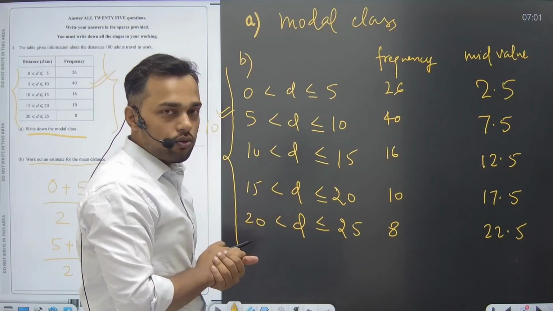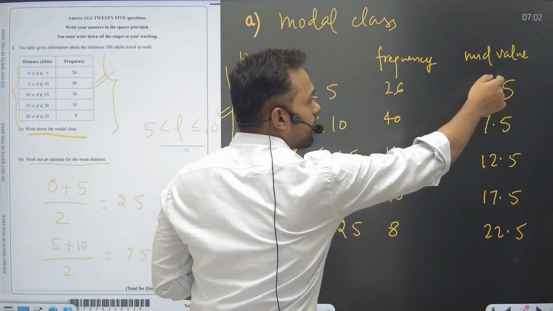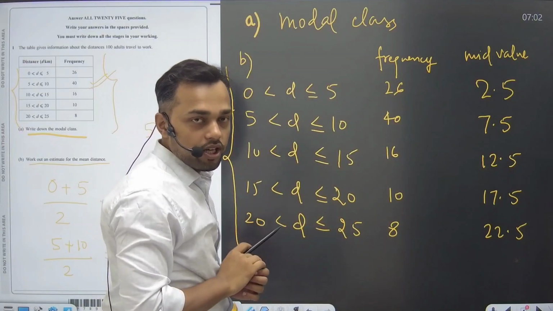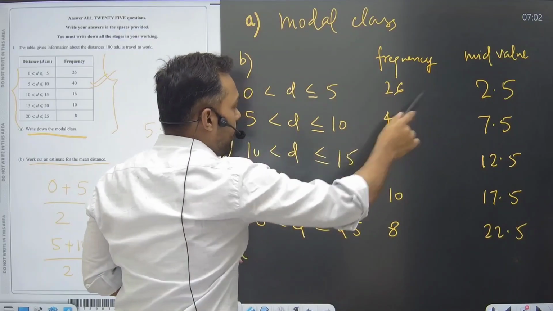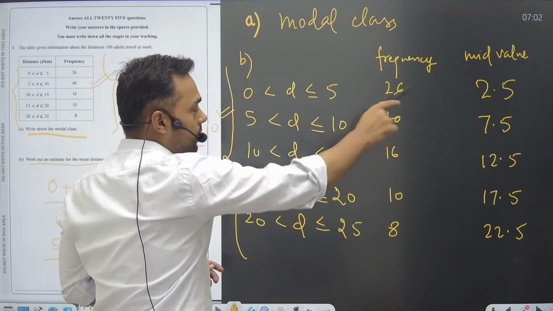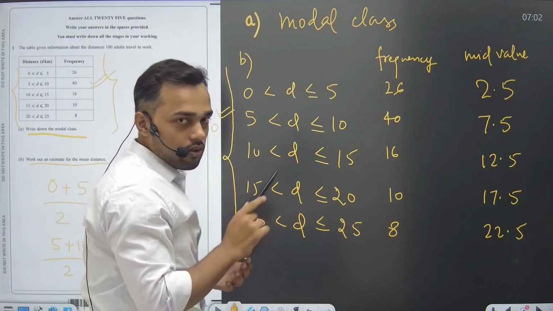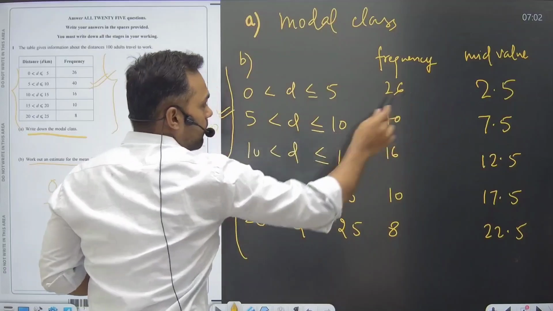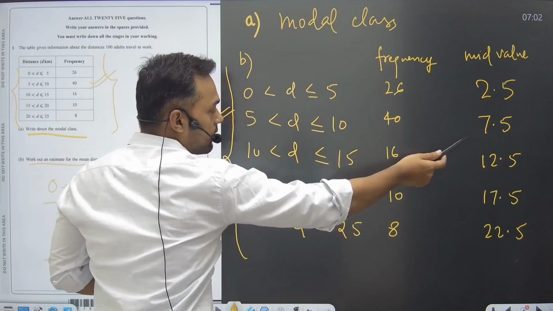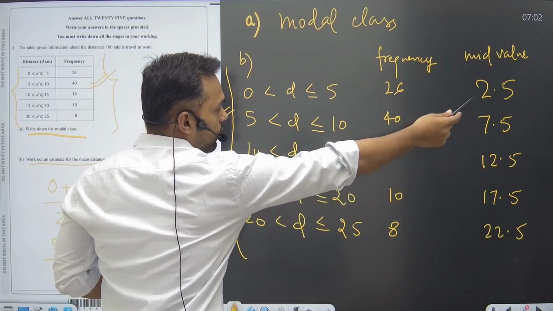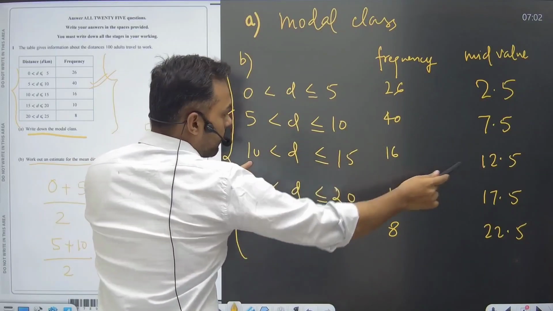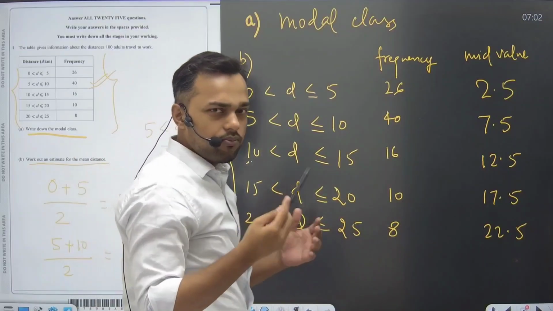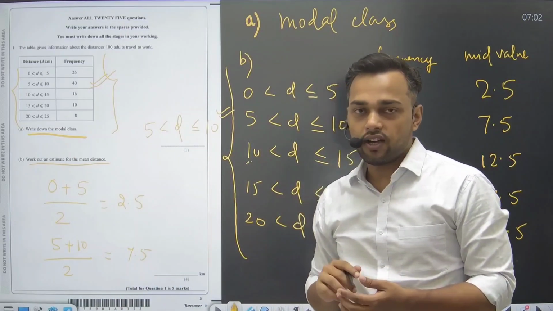So 2.5 plus 5 is 7.5. Similarly, 2.5 plus 10 will be 12.5. Similarly, 2.5 plus 15 will be equal to 17.5. I'm telling you the trick to calculate it faster.